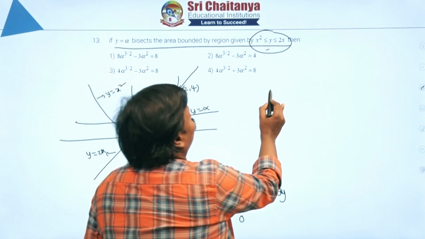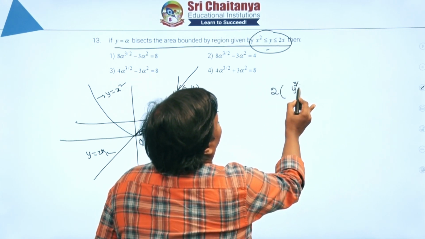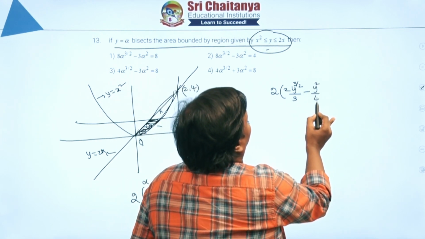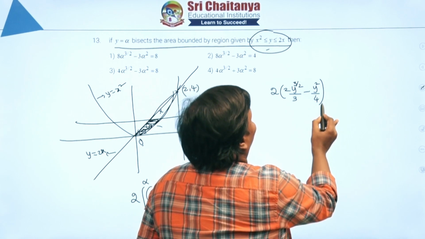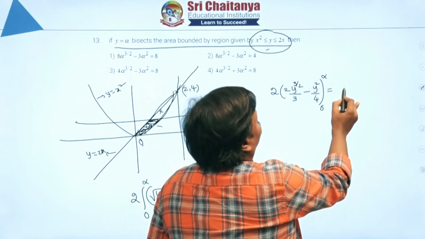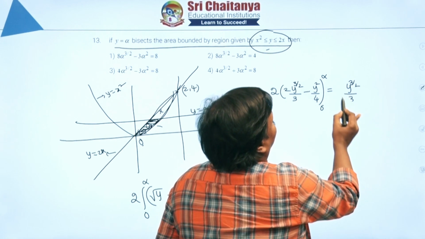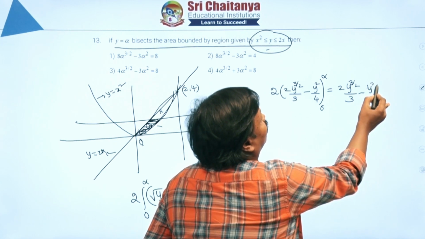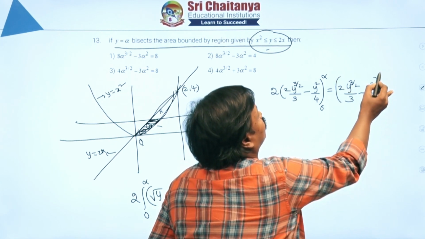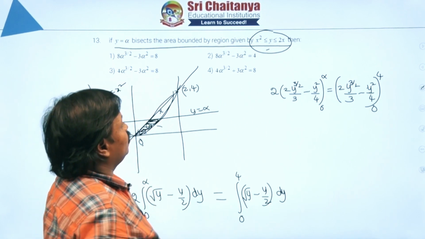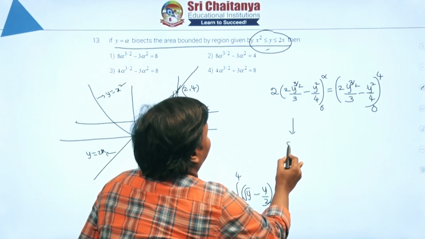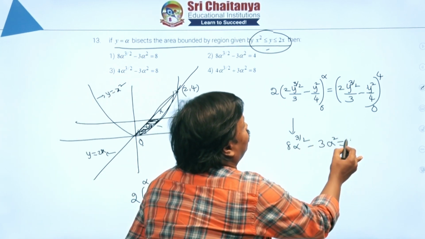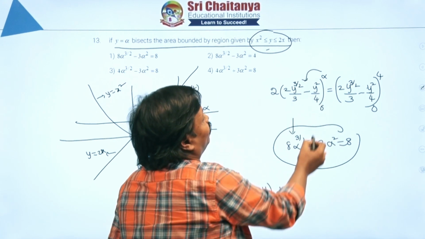So integration of root y is y power 3 by 2 by 3 by 2 minus y square by 4, 0 to alpha, will become now y power 3 by 2 by 3 by 2 minus y by 2 integration is y square by 4, 0 to 4. So after substituting the boundaries, we will get the equation as 8 alpha power 3 by 2 minus 3 alpha square equals to 8 after substituting the values of alpha.